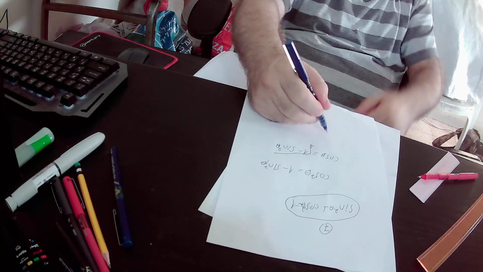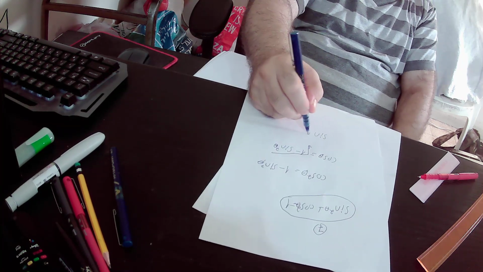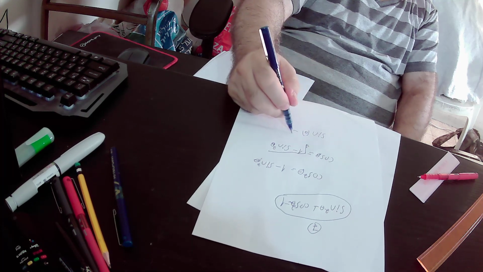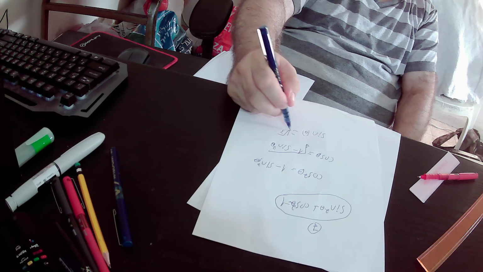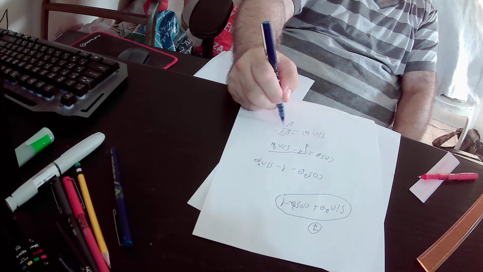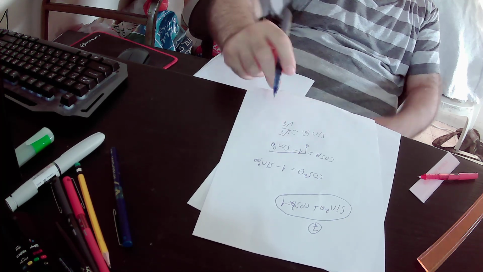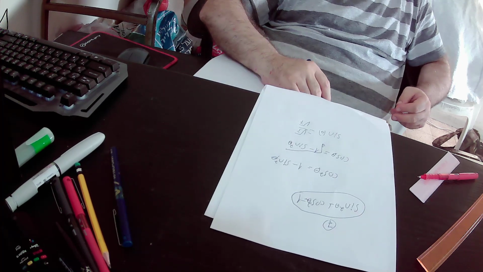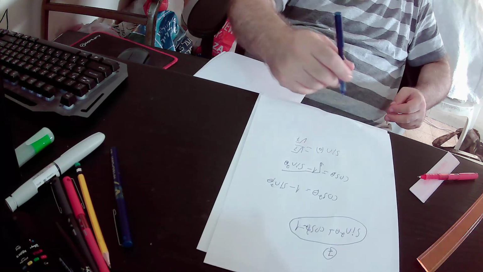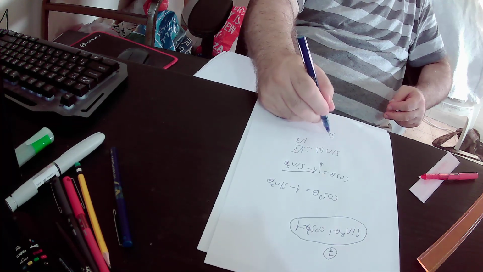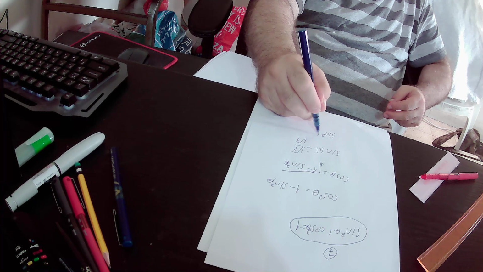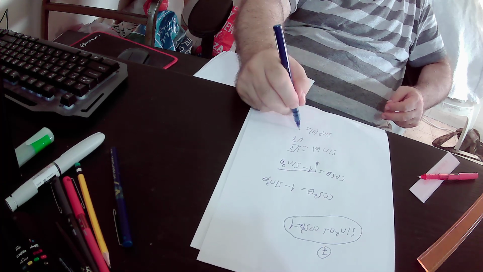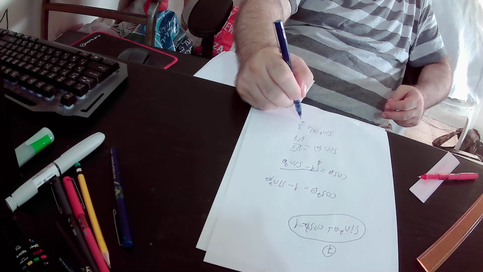So we know that we found out that sine theta equals the root of 3 over root 7. So if sine theta equals the root of 3 over root 7, then sine theta squared will be equal to 3 over 7.